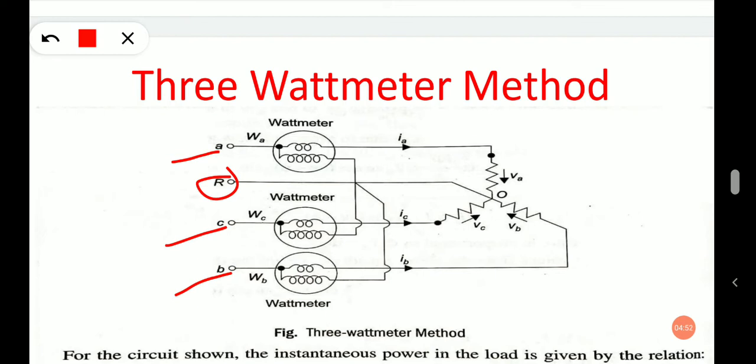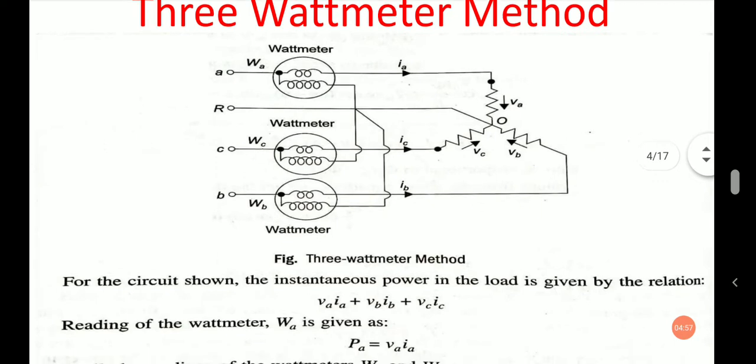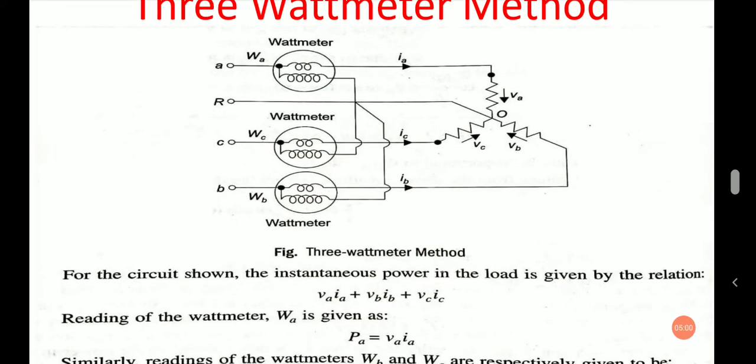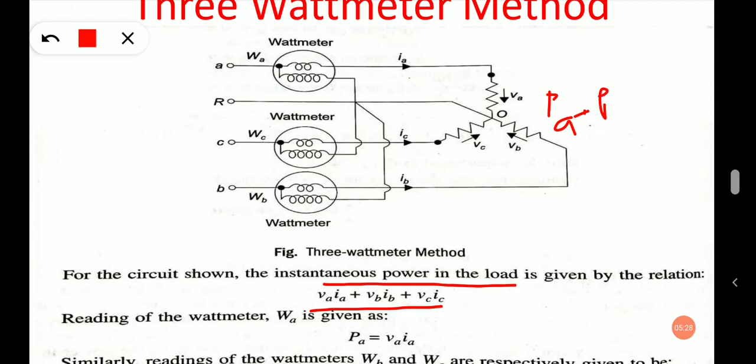So for the circuit shown in the figure, the instantaneous power in the load is given by the relation VAIA plus VBIB plus VCIC. Here the instantaneous power in the load we can write as power of A phase plus power of B phase plus power of C phase.